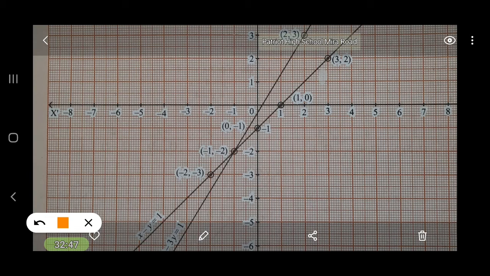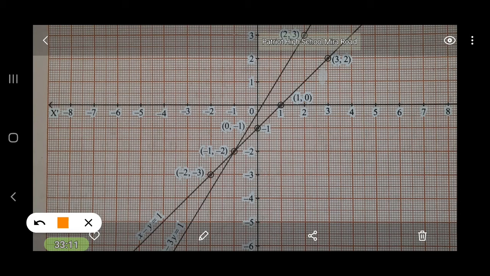So plotting the points for equation x minus y is equal to 1. We have the first point (0, minus 1). So 0 in the x axis we are not advancing at all because it is 0, and minus 1 means going down the y axis.